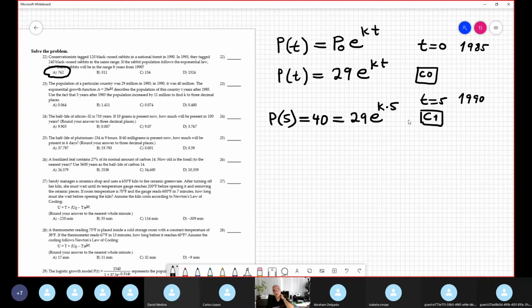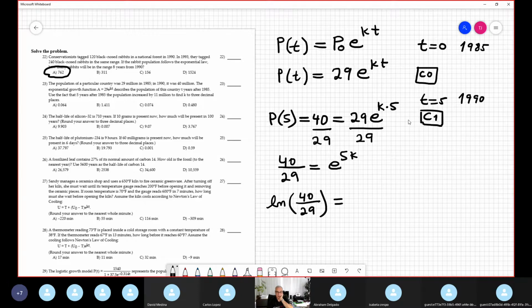Okay, allow me find the k value. 40 divided by 29 is equal e to the 5k. Now you apply logarithm, natural of course, by the same reason. When you apply logarithm here, you know que logarithm and exponential cancel each other and the answer is 5k.